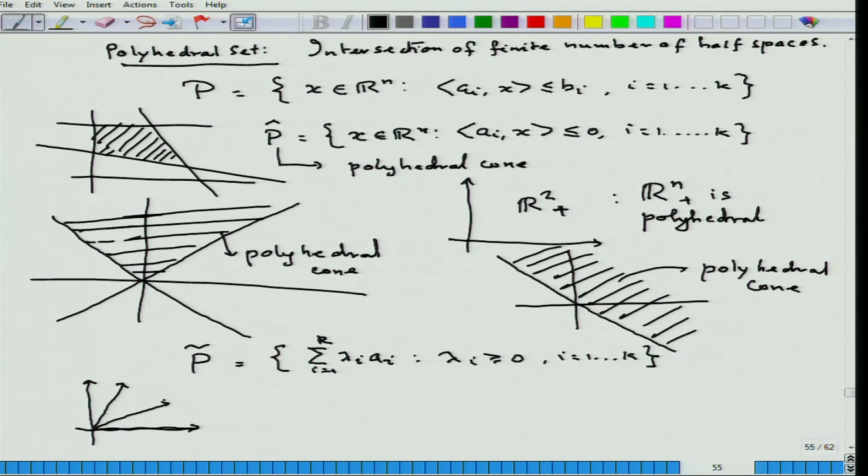Any point obtained by multiplying with non-negative numbers and adding them up will lie within these 2 boundaries.